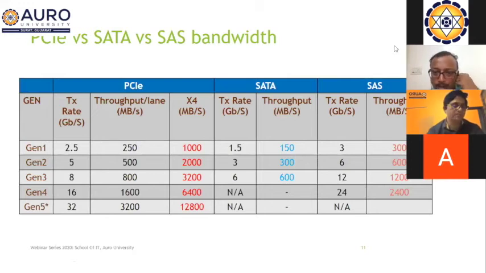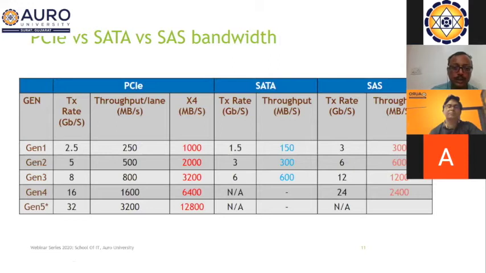You can see that Gen 1 PCIe is running at 1000 MB per second, but at the same time SATA is limited to 150 megabytes per second. This is basically the protocol itself taking the data from the storage and transferring it to the cloud servers.